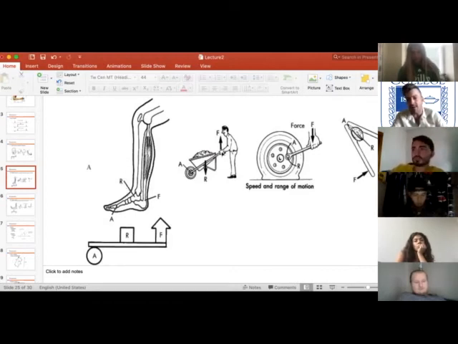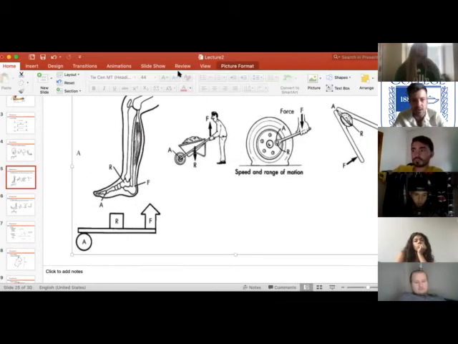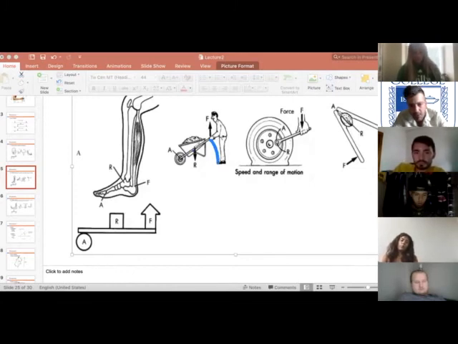The drawback of a second-class lever system, though, is I have to lift the weight this distance off of the ground, and it's only going to result in that much change in distance of the rocks. All right, so I have to lift through a greater arc length, and I'm not going to get a huge return in terms of how high the body is going to raise.